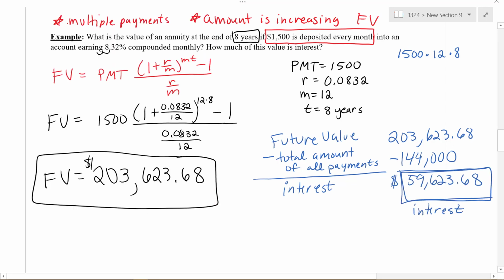Okay, so remember when we want to find the total amount of all payments, we're talking about that future value annuity. We're going to take the payment, multiply it times the M value, so how many times a year we're making that payment, times the number of years. Okay, and that's going to give you that total amount of all payments made into the annuity.